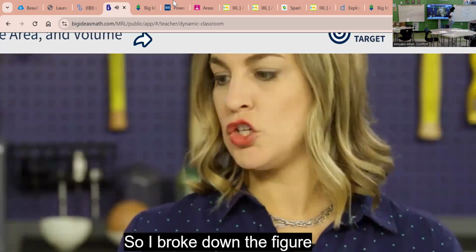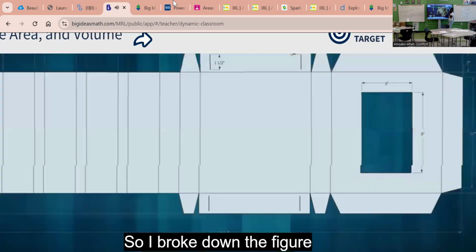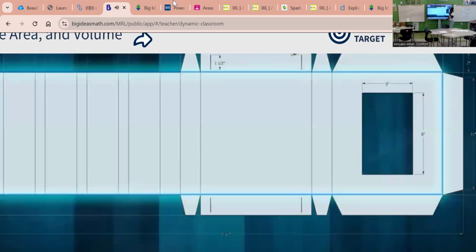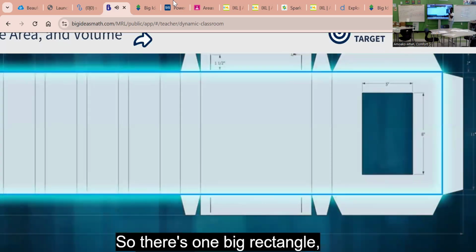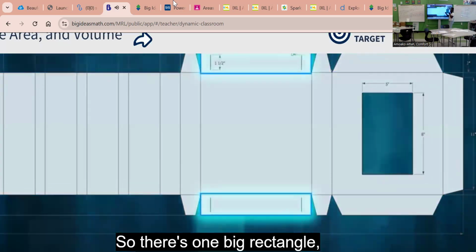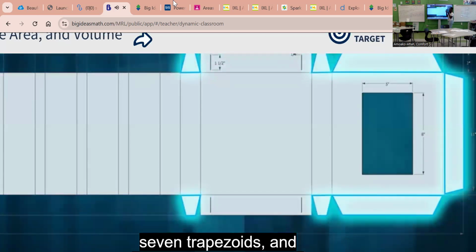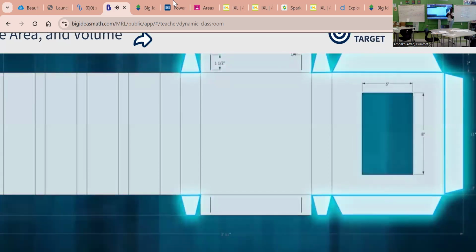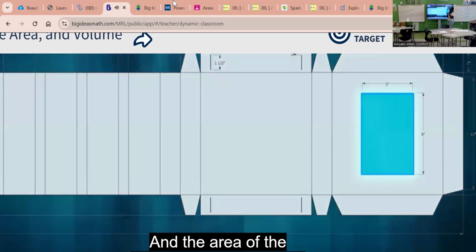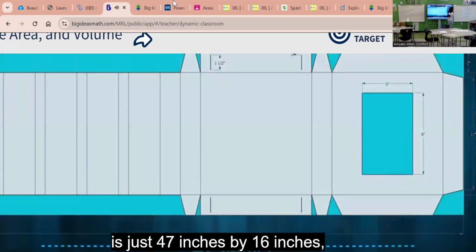So I broke down the figure into a net of polygons with easily calculated shapes. So there's one big rectangle, two smaller rectangles, 7 trapezoids, and the small rectangle here. And the area of the rectangle that it contains is just 47 inches by 16 inches, making it 752 square inches.